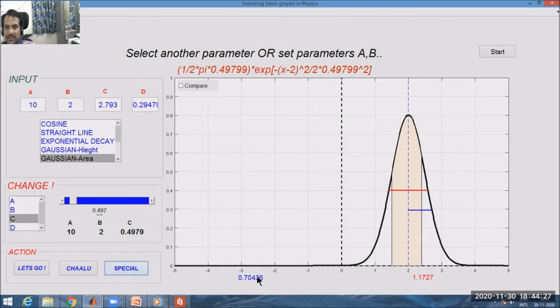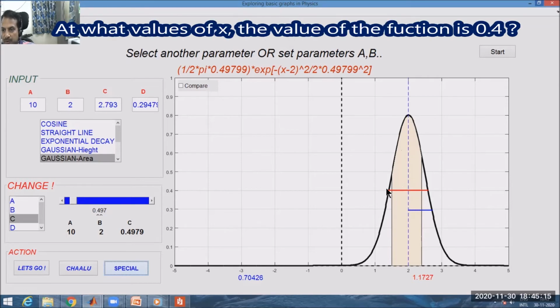Now there's another width which is also used in textbooks and some areas of application, that is full width at half maxima. It refers to the width of the function when the value of the function becomes half of its maximum value. For example, here the maximum value is 0.8, so half is 0.4.